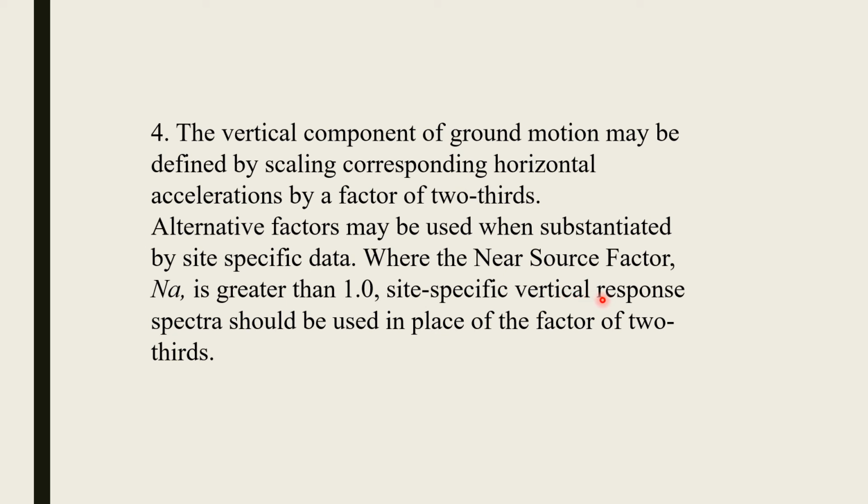Site-specific vertical response spectra should be used in place of the factor of two-thirds. It means when the value of the near source factor is greater than one, then you can't use the two-third value. You have to use the full 100% values.